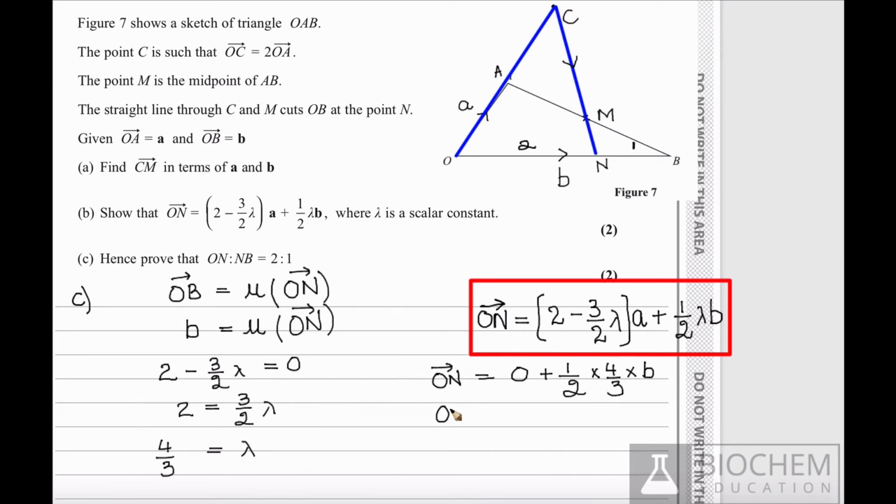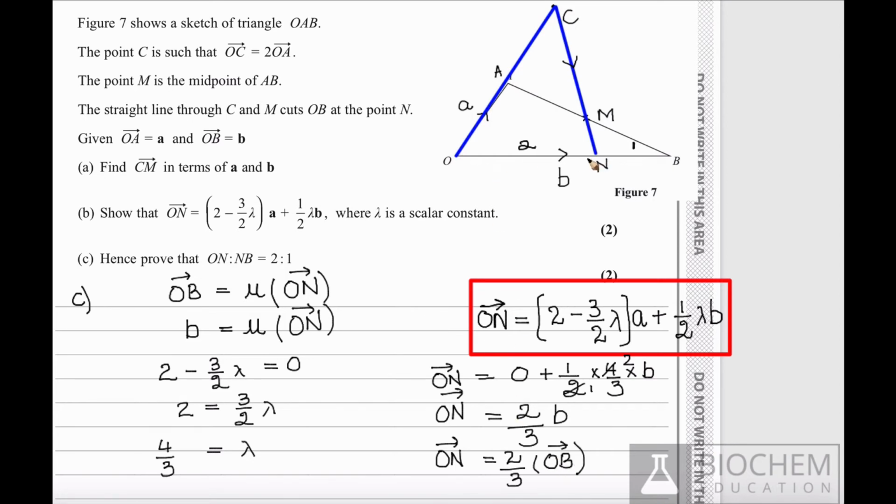So ON vector equals, 2, 1, 2 cancel, this becomes 2 over 3 b. What this tells us is that ON, which is this vector, is 2/3 b, and that b was OB. So hence we can write this as ON vector equals 2/3 of OB vector.